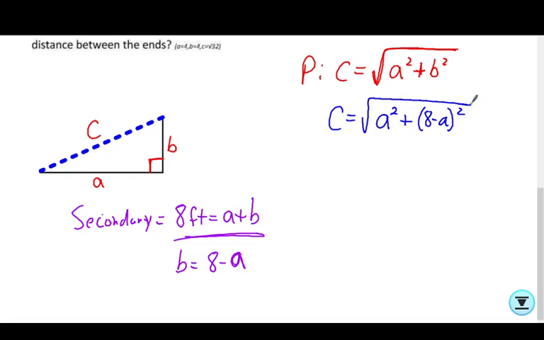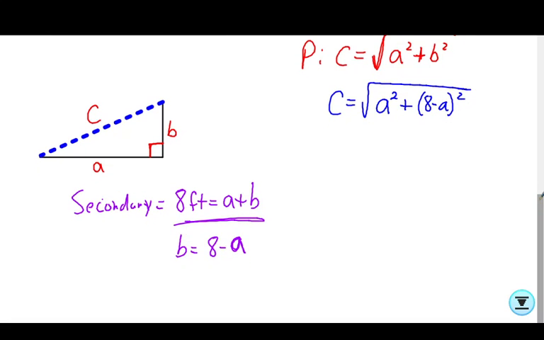I'm going to simplify first, before I take the derivative. I'm going to take a squared plus (8 minus a) squared and actually FOIL it out, which gives me 64 minus 16a plus a squared.